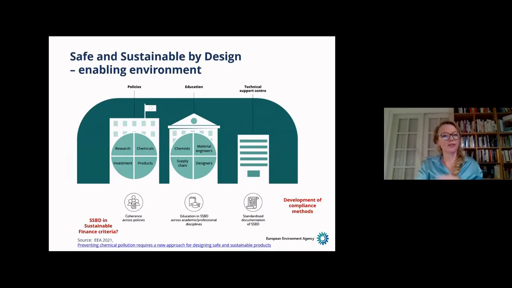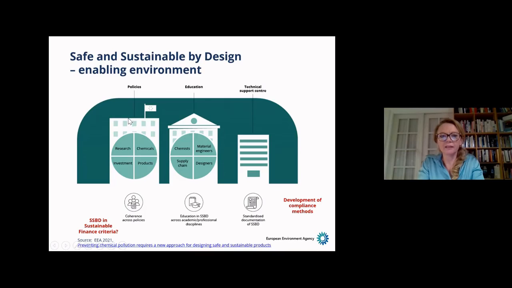Okay, and then to achieve this, we think that we need an enabling environment where we need to focus not just on one thing, but we need to have the policies in place, the education in place, and also some technical support centers to support the industry.